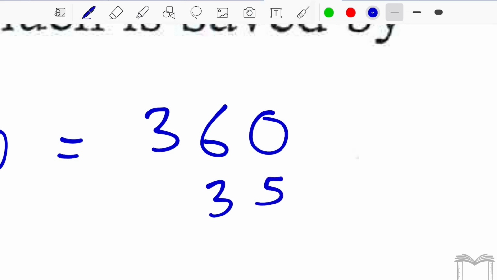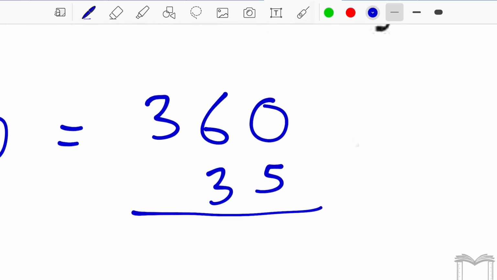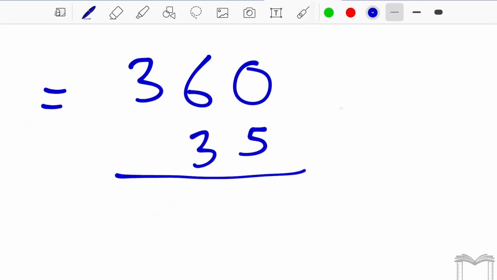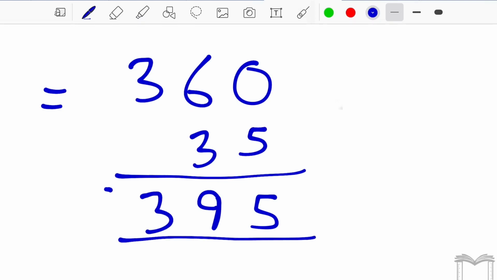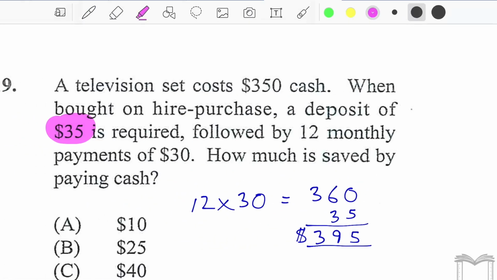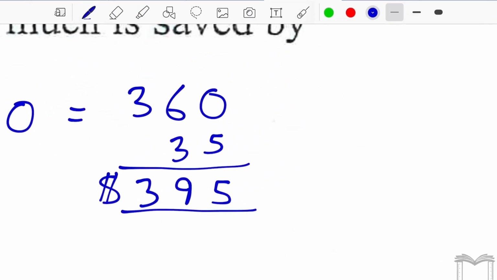So that's 360 plus 35. So the total amount when paying hire purchase will be $395. The total amount when paying cash is $350.